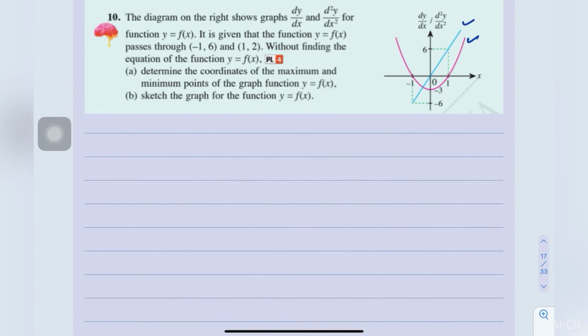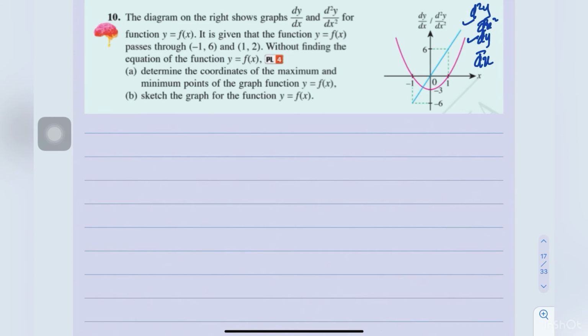So therefore, we can identify that the pink curve is dy dx, and the blue one is d squared y dx squared.